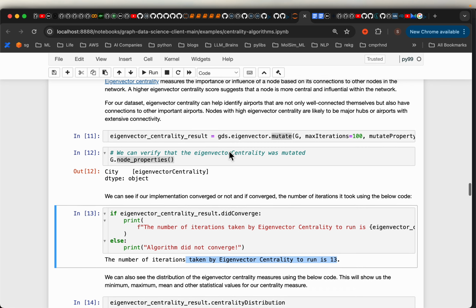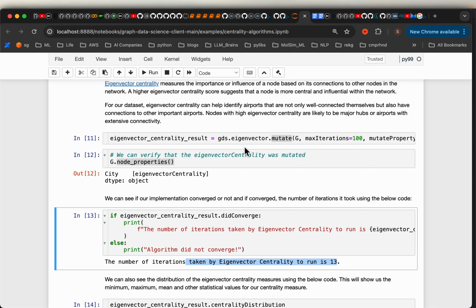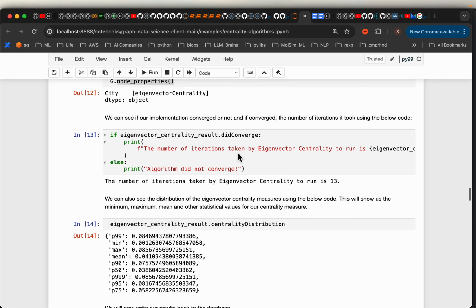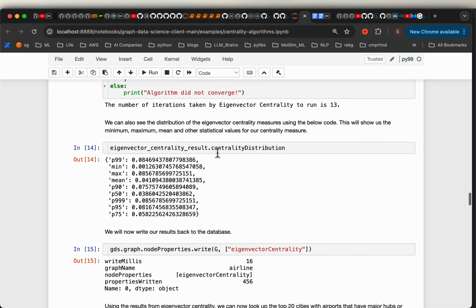So what this does is basically, for every node in our network, it computes this eigenvector centrality and writes the result back to the projection. Okay, and this is how the distribution is.